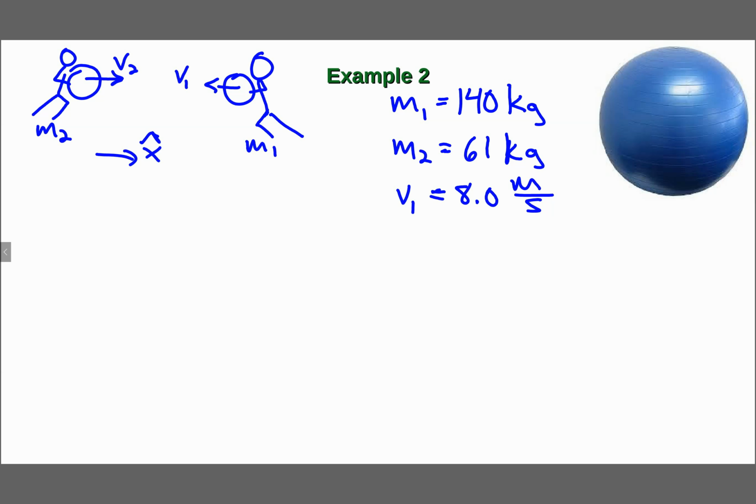I probably used to be faster than that, and I'm probably slower than that now. Whatever, we'll say 8 meters per second. Her velocity, she was generally not quite as fast as me, so we'll say 6.3 meters per second. So we put some numbers on that.